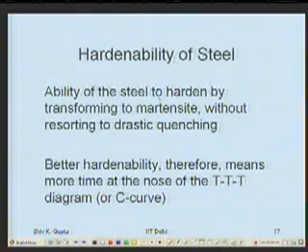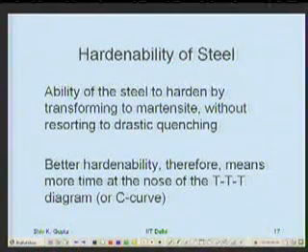Therefore, the bay at the nose of the C curve must have a high time. Like 1 second is too small for 0.8% carbon steel. For this reason, we add some alloying elements to the steel, which are substitutional alloying elements, and they shift the nose of the TTT diagram to higher time.